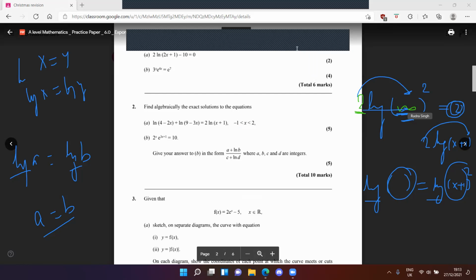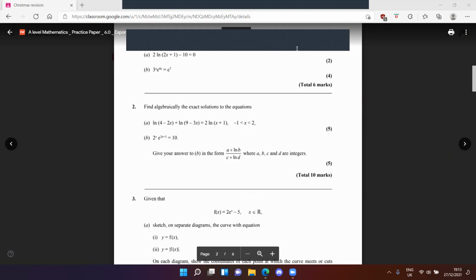Okay, so if I square the right bracket, then we've got 36 minus 30x plus 6x squared equals x squared plus 2x plus 1. And now you end up solving a quadratic, probably. Let me just do this one.